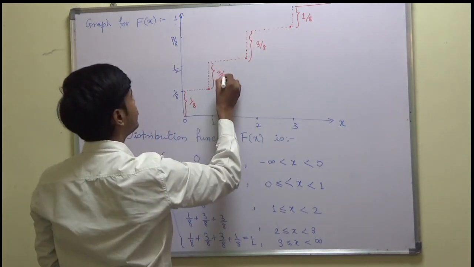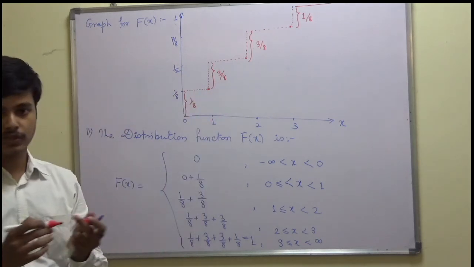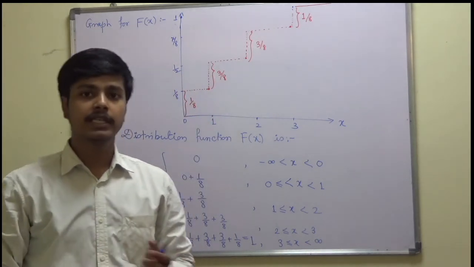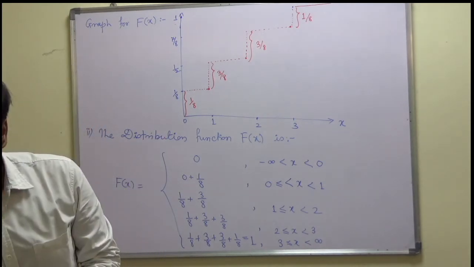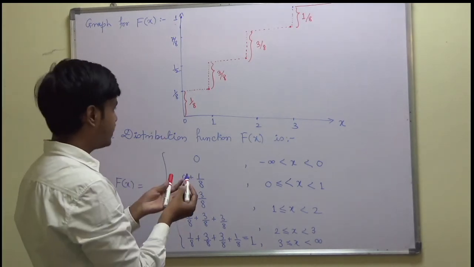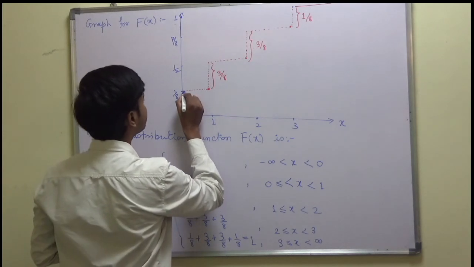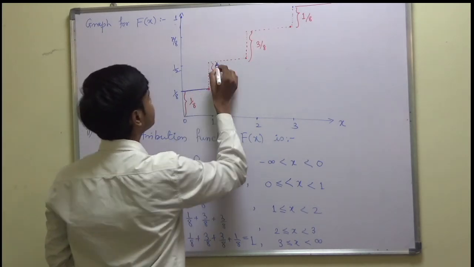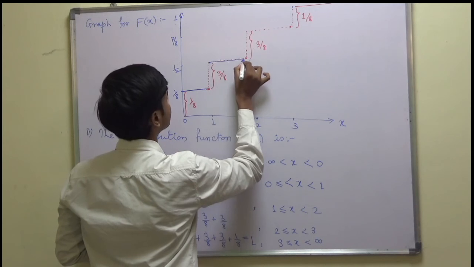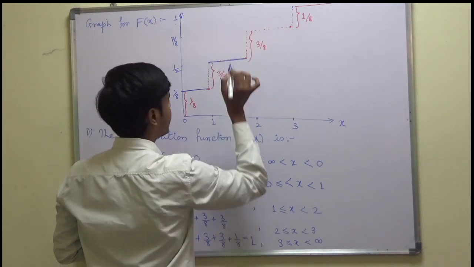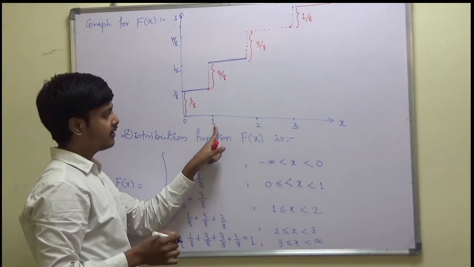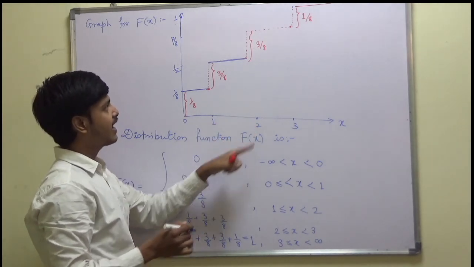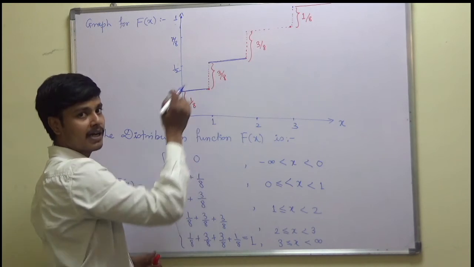In this way you can show the graph of the distribution function. If you want, you can make this dark. Any number which is greater than 1 but less than 2 will have the probability 3 by 8.